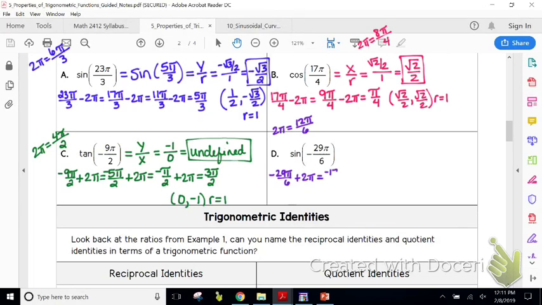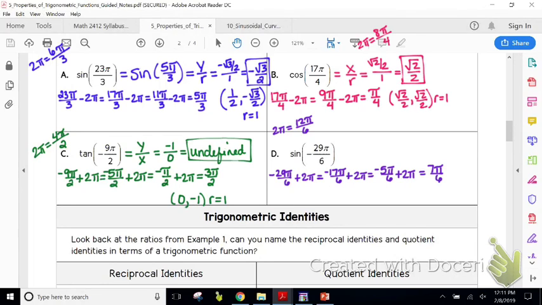So that's what, negative 17 pi over 6. Still too small. So negative 5 pi over 6. Still too small. So we get 7 pi over 6, which is on my unit circle.